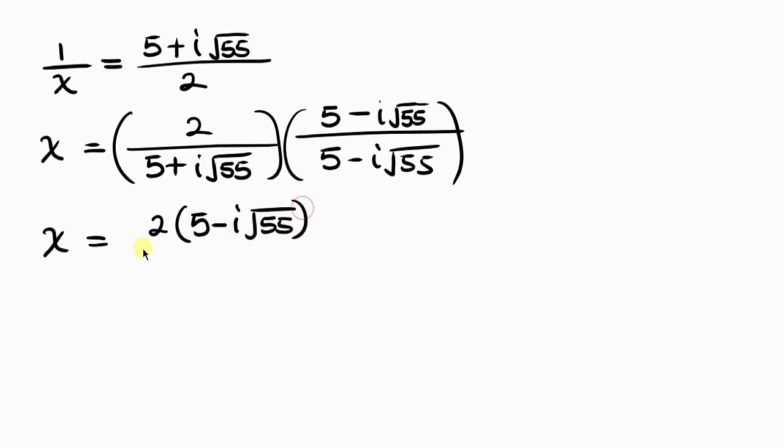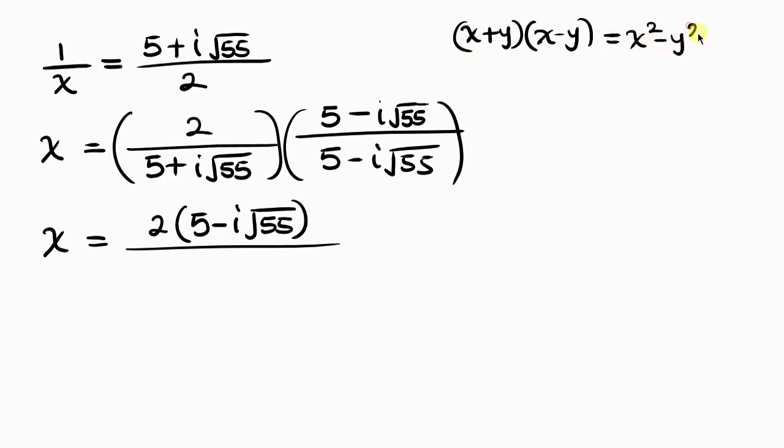It's actually good like this. All over, the denominator is in the form of x plus y times x minus y. Look at it, 5 plus i root 55 times 5 minus i root 55. And actually, this is a property of the difference of two squares. So that means I can write this in the form of difference of two squares.